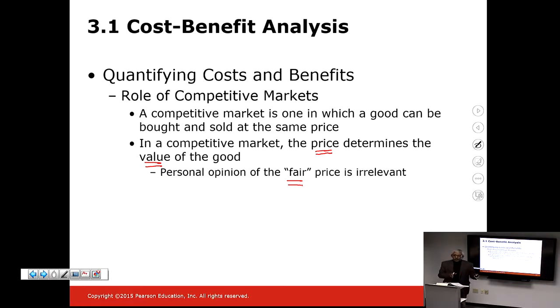That's one aspect. The second aspect: if an item or an asset is overvalued, what do we do with it? What we do is we trade on that information.